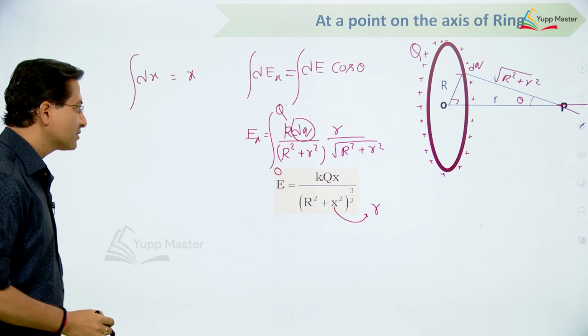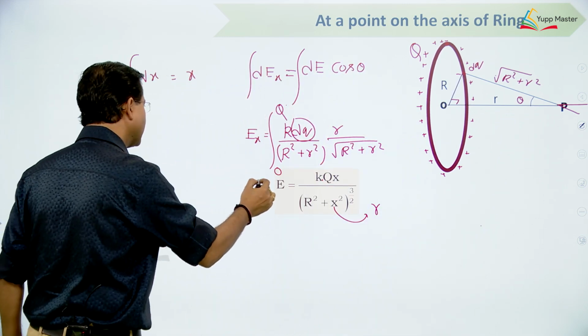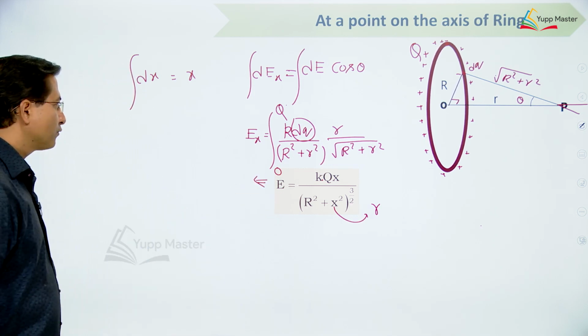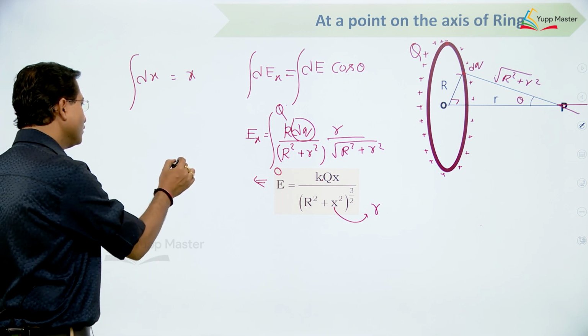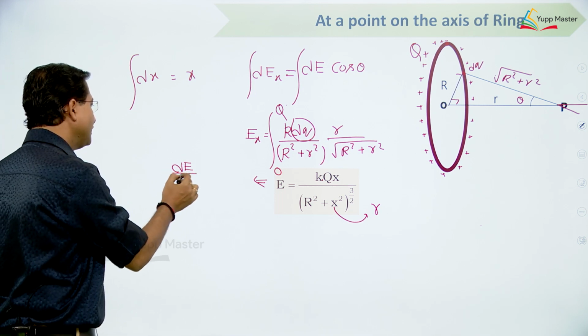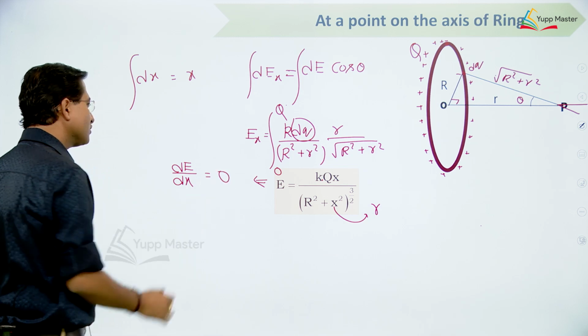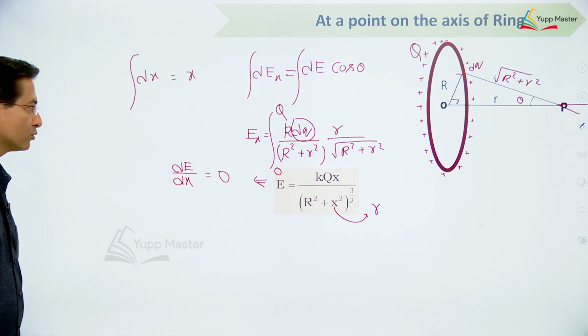So if I ask you to find the point where field achieves its maxima, what we need to do is differentiate field with respect to x and equate it to 0 to get the maximum field.